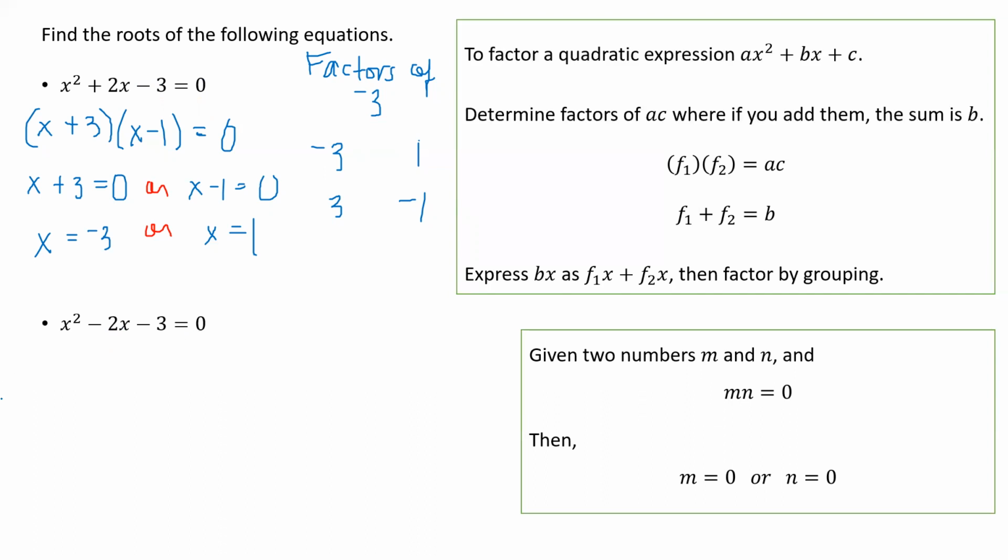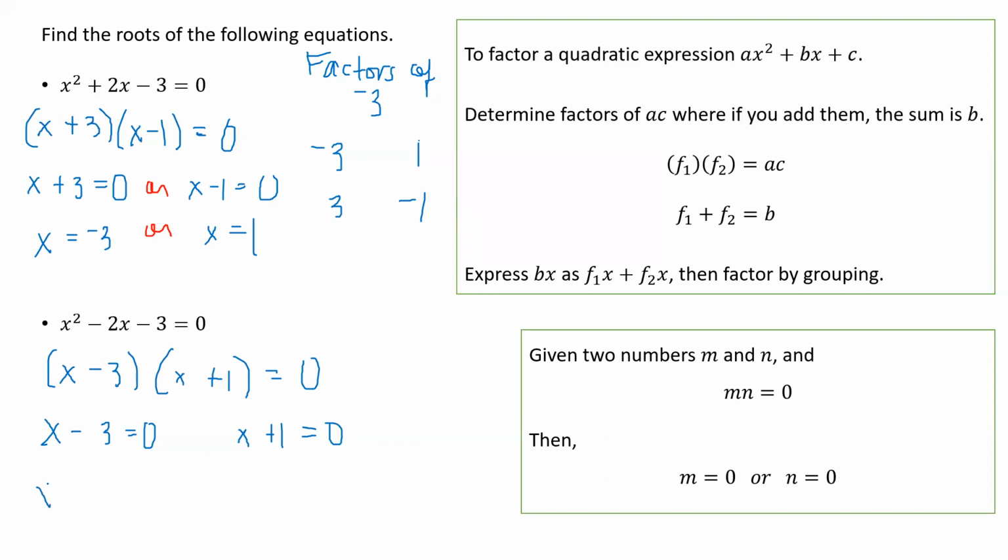So we can write this as x minus 3 times x plus 1 equals 0. Same idea, same concept: x minus 3 is equal to 0, or x plus 1 is equal to 0.